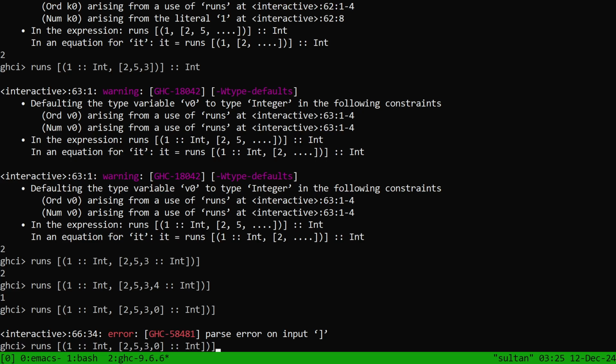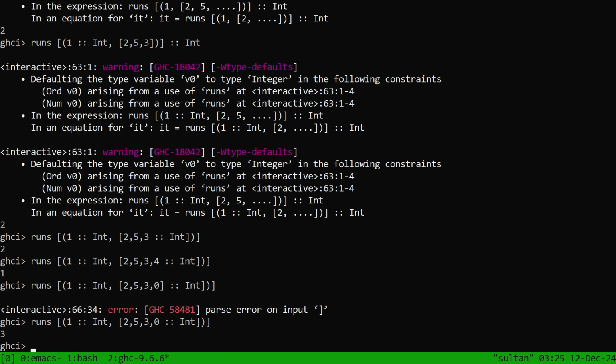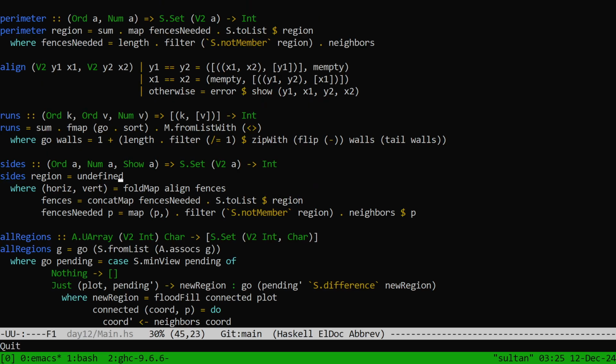Oops, what's wrong? Oh, this got put in the wrong place. Three. Yeah, so that looks like runs is doing what I wanted. A line is a bit more exciting, but I think it's probably okay.